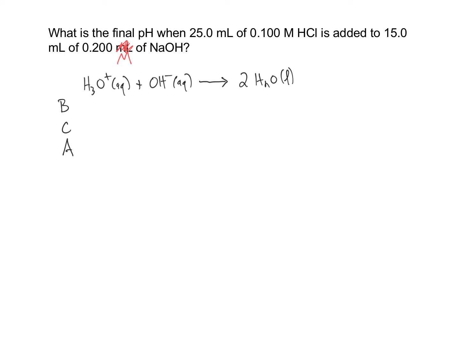And so I need to know the moles of HCl. I'm going to use that molarity is equal to the moles over the volume, or the moles is equal to the molarity times the volume.